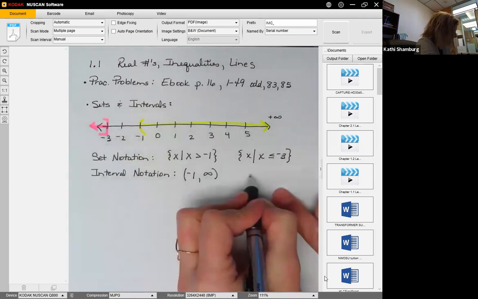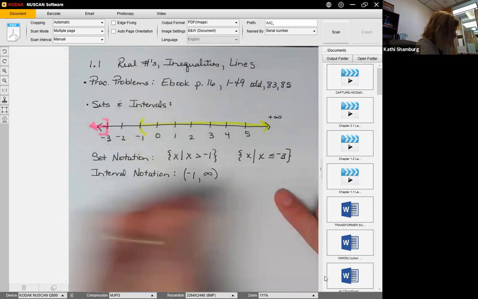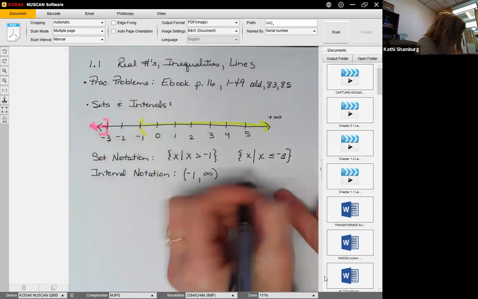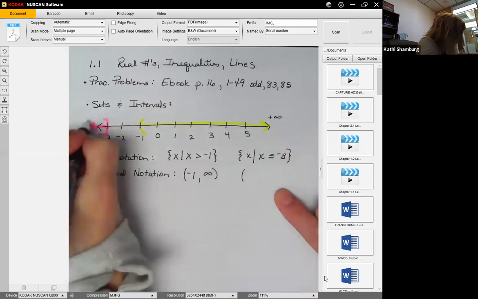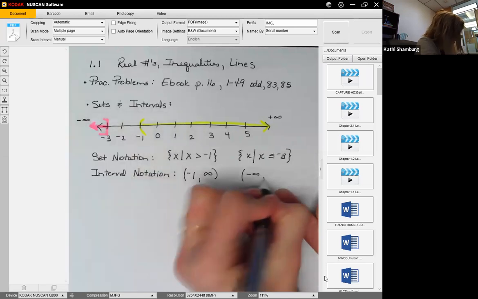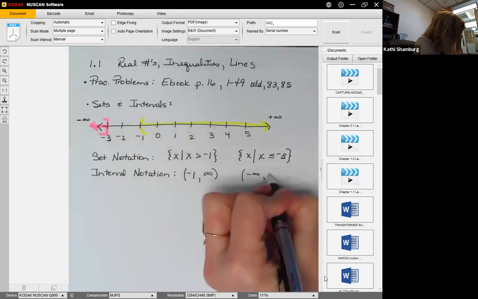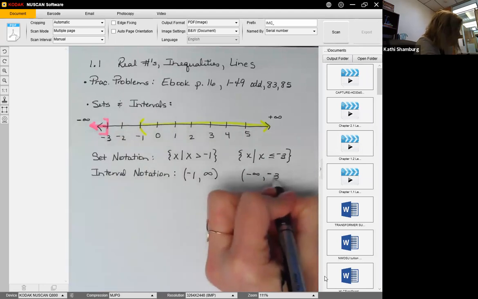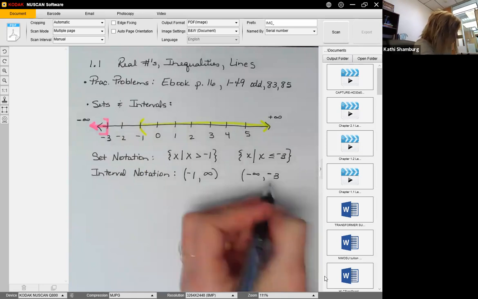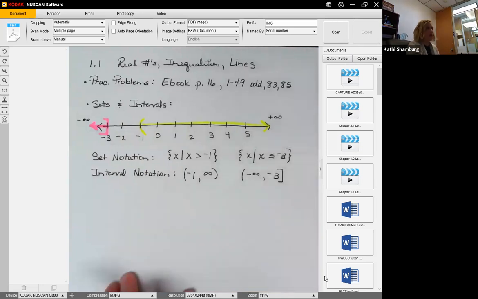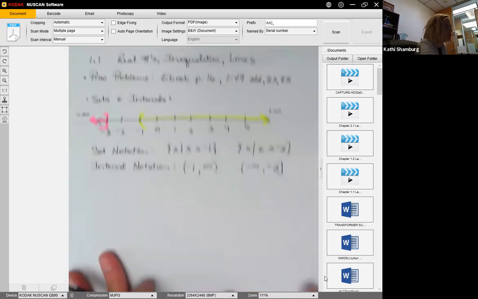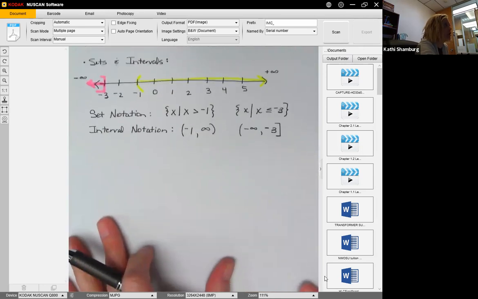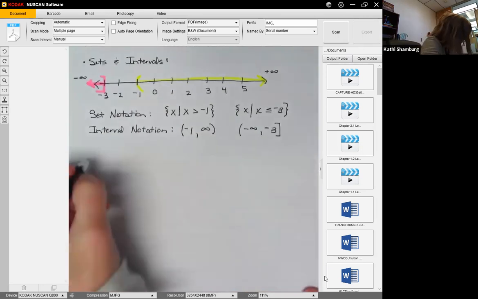So I don't put -3 on the left because the numbers are going to the left. So what numbers are to the left of here? This would be negative infinity, and all the numbers to -3, but since it can include -3, I use a bracket rather than a parenthesis. So just a reminder on set notation and interval notation.